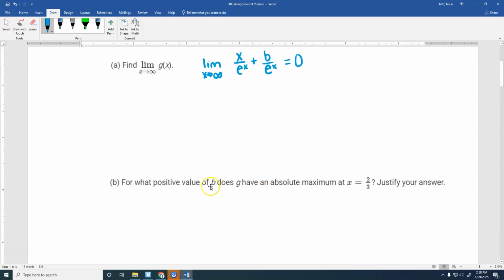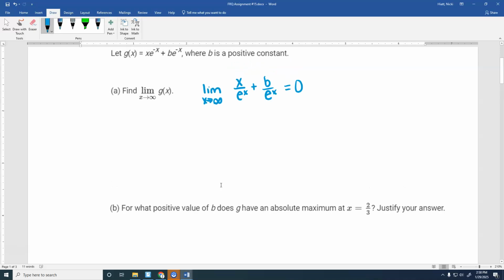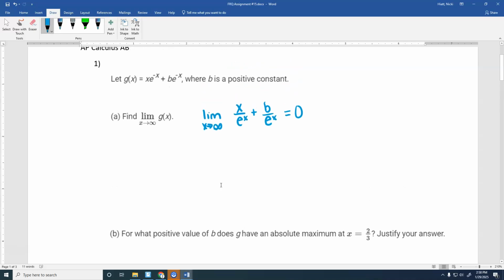All right. Then it's going to ask you, for what positive value of b does g have an absolute maximum at x equals 2/3? Justify your answer. For maximums or minimums, we need to know where the derivative equals 0, and then at a maximum, our derivative switches from positive to negative.